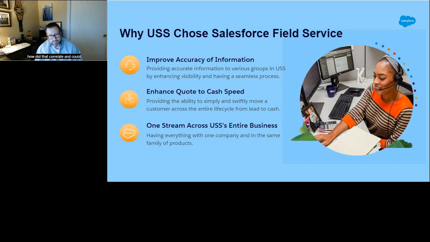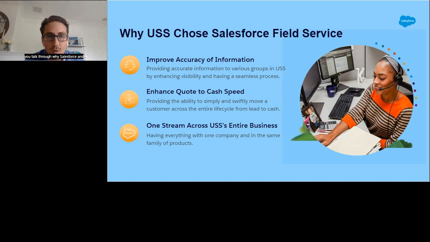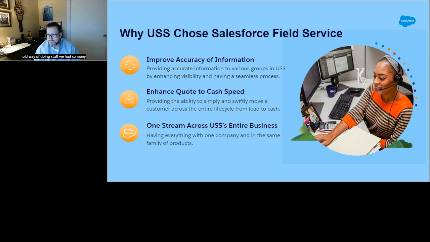Awesome, Chris. With that said, could you talk through why Salesforce and why Salesforce Field Service for USS's business? Yep. The old way of doing stuff had so much missing information, making everyone's job much harder downstream. So the accuracy of information was paramount for us to get all up front.